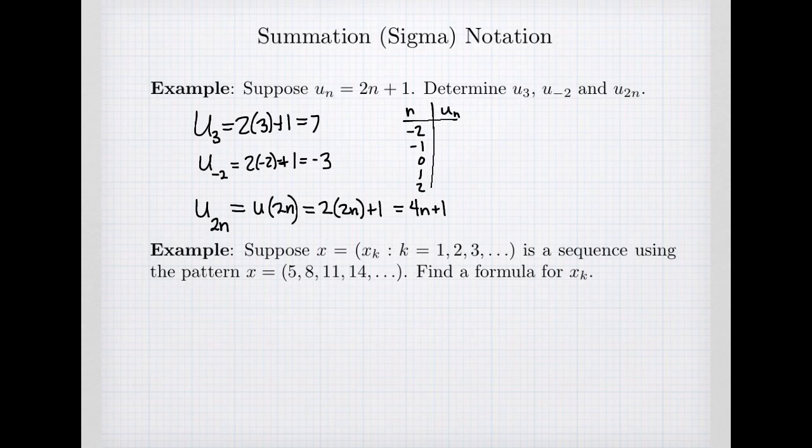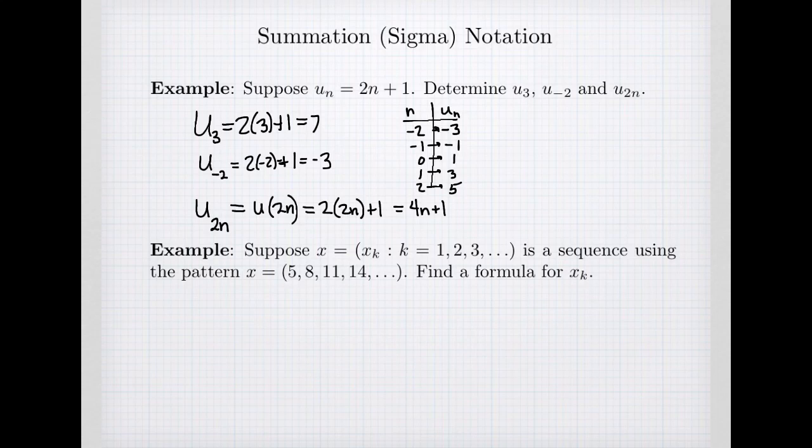We found u subscript negative 2, and if I did negative 1, I get negative 1. And so I get a relationship between my index and the value of the sequence. And this sequence would go on forever.